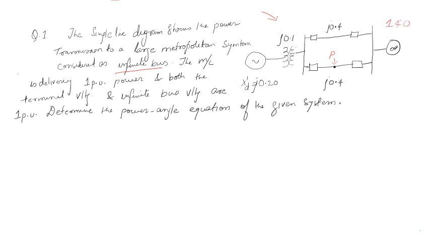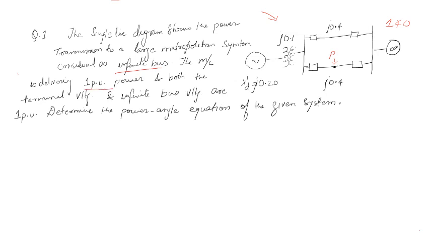That's it. Infinite bus means the voltage is 1 at an angle 0, and the machine is delivering 1 per unit power, and both the terminal voltage and the infinite bus voltage are 1 per unit.